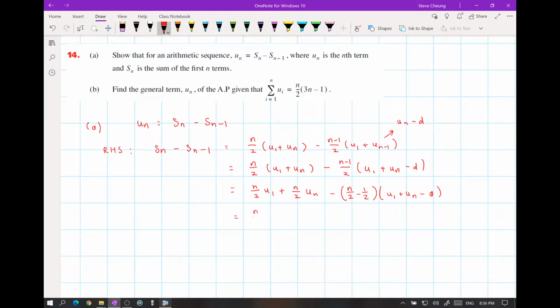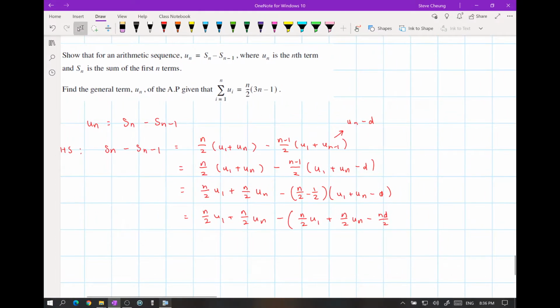Okay, now I can expand out the later parts. So let's expand out n over 2 first. I'm going to keep a bracket because there's a negative here. So this will be n over 2 u1, n over 2 u_n, and d over 2. Okay, so that's the first one here.